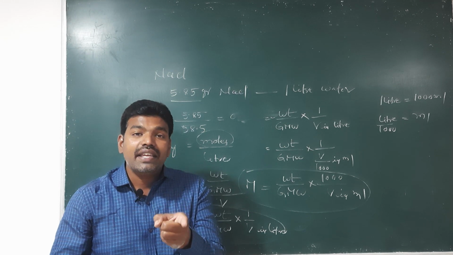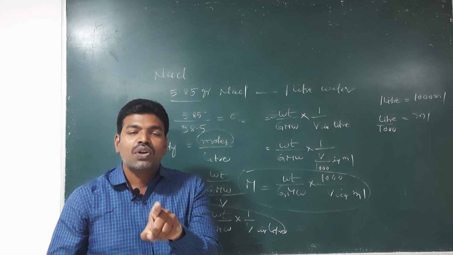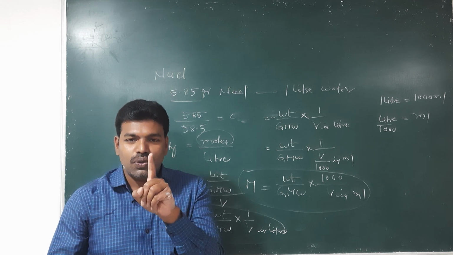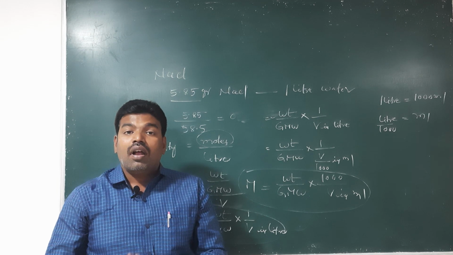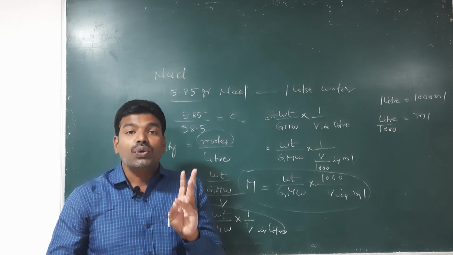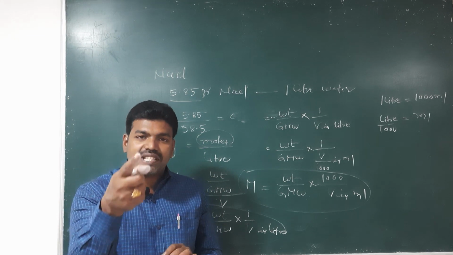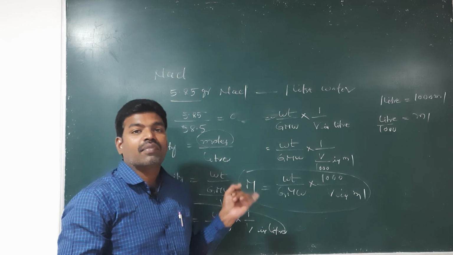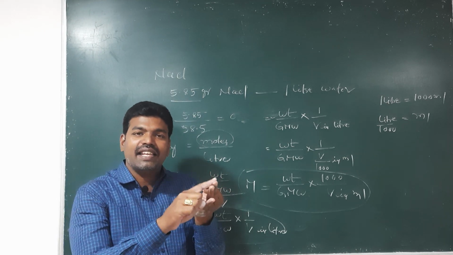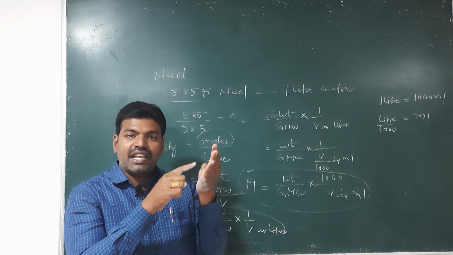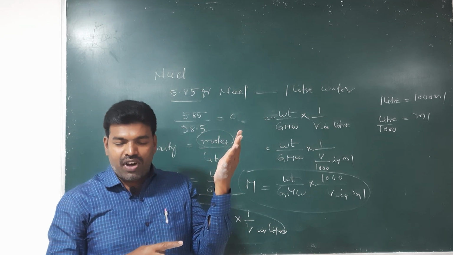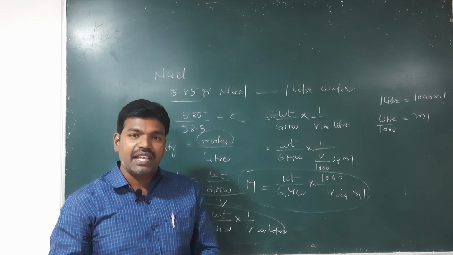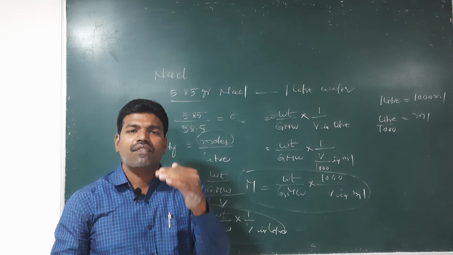Molarity is a unit by which we can express chemical substances in solutions, and there are several units to express the concentration of solutions: molarity, normality, molality, mole fraction, percentage by weight, percentage by volume, percentage by strength, and parts per million. Let us see one by one.